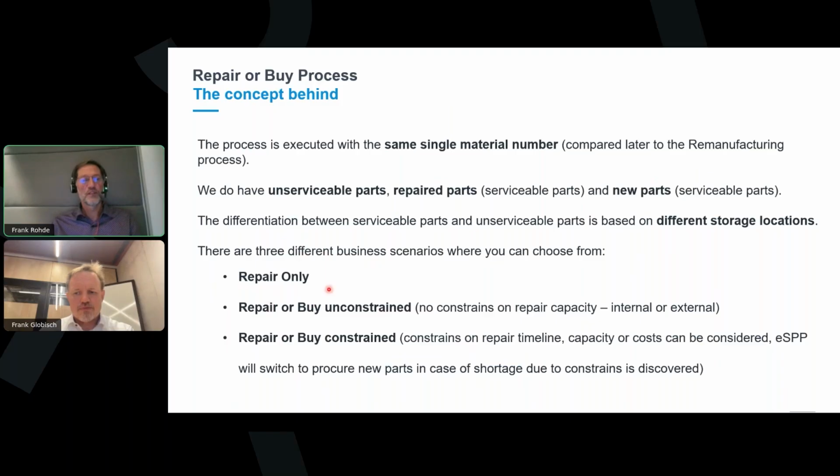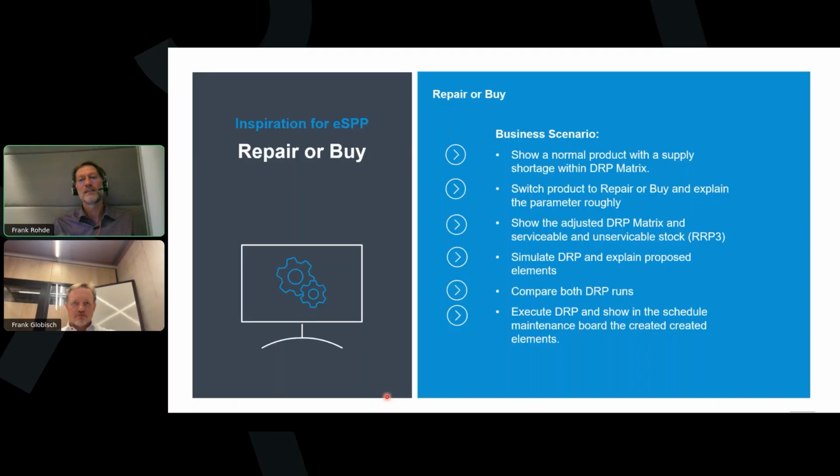You can choose from different business scenarios in the system: only repair, so not combined with a buy, or repair or buy unconstrained, so there are no constraints on the repair capacity, and we can have constraints on costs or capacities or even timeline. So these are more or less the options or the concept behind it, and not too many slides, as I said.